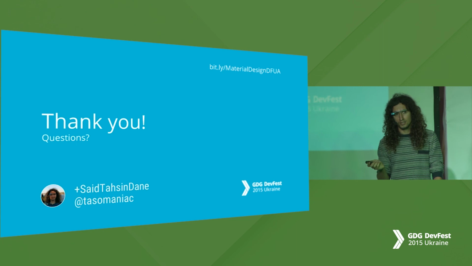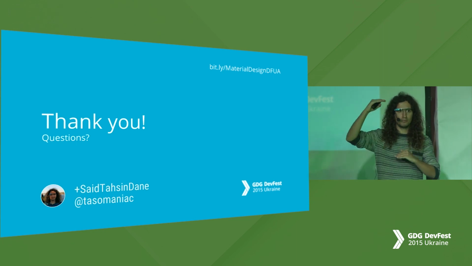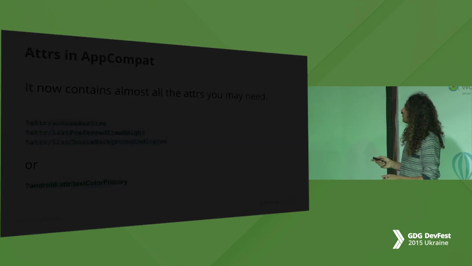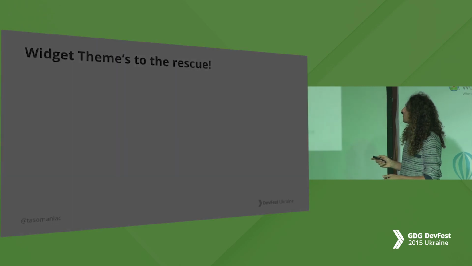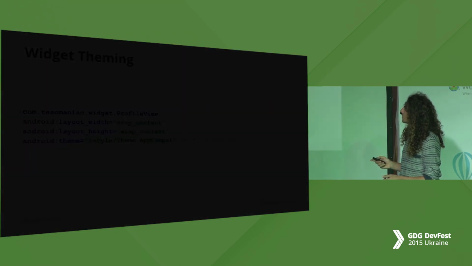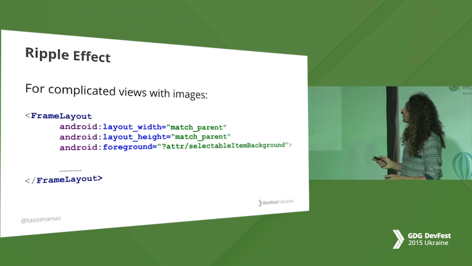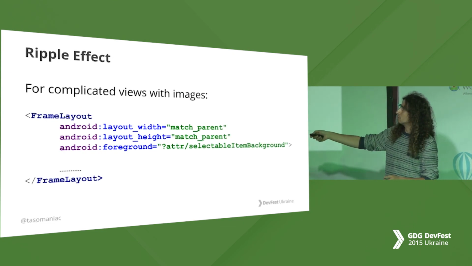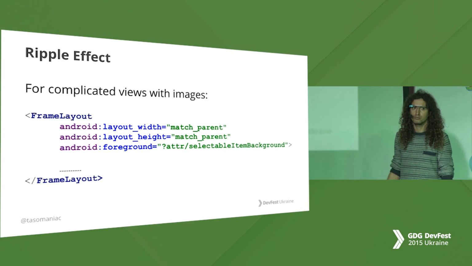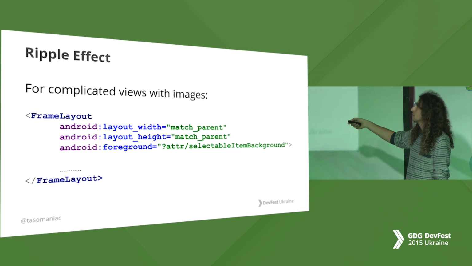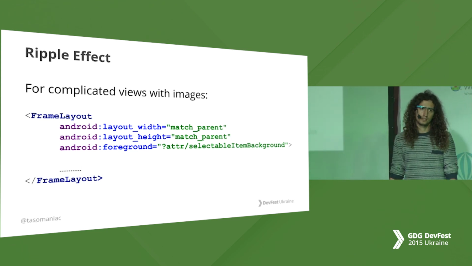You would have to wrap your button with a frame layout and use the foreground attribute of the frame layout. If you can go back to it. Yeah, this. So your button should be here with any background color you want, and you have to wrap your button with a frame layout and set the foreground. Okay, thank you.